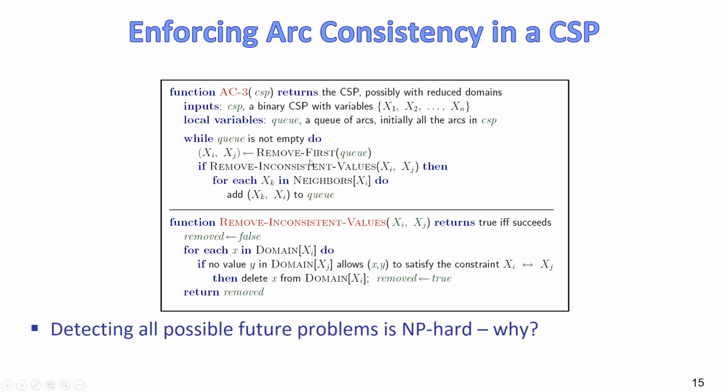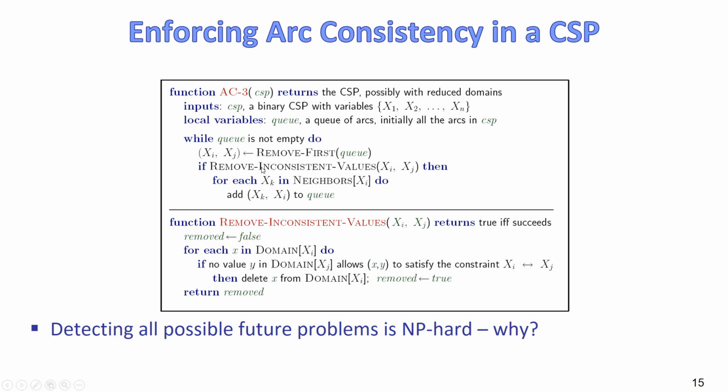The algorithm for arc consistency, if you remember, we have to check all the arcs. So initially we have a queue that has all the arcs, and we loop over the queue. We get one arc and we check its consistency.